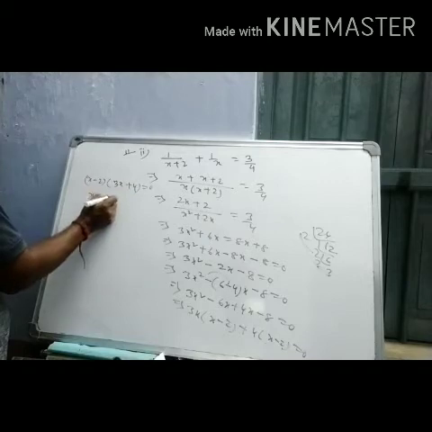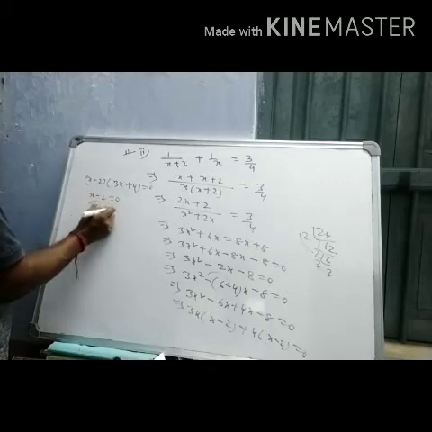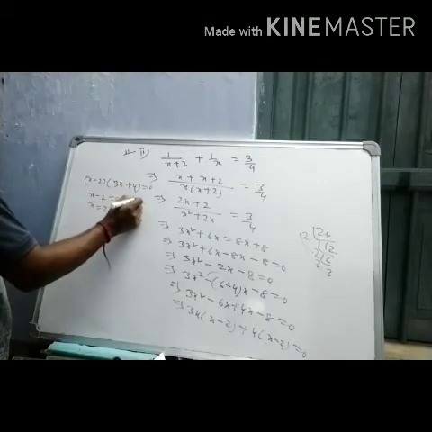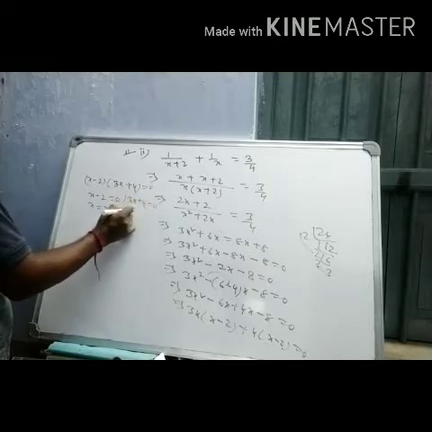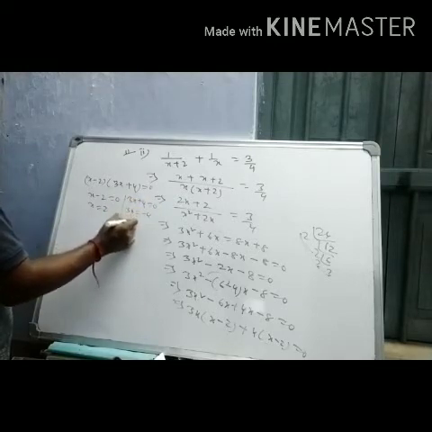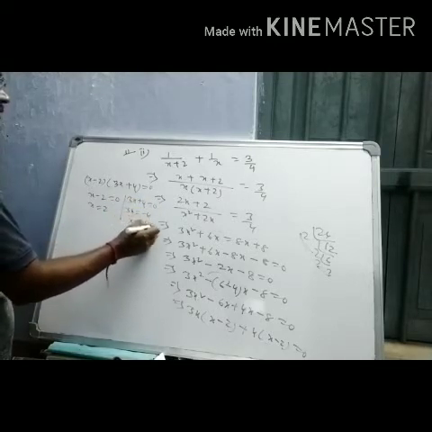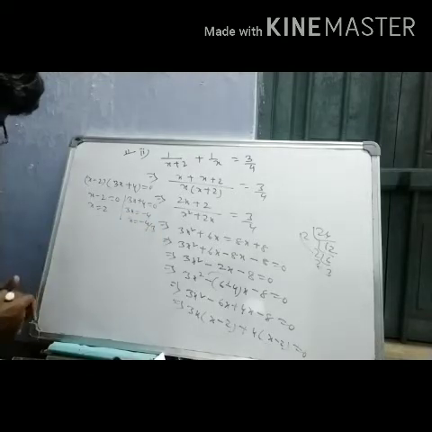Then x − 2 = 0, x = 2; 3x + 4 = 0, 3x = −4, x = −4/3. You got two values. Okay.